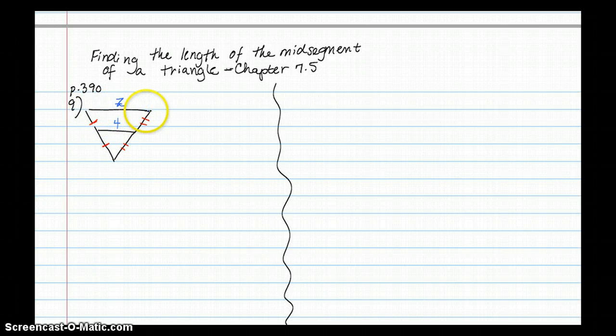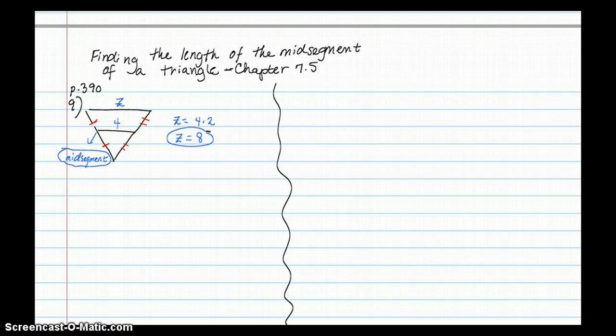That's not what it's asking for. You know that this segment here at the bottom and this segment here are parallel. But you also know that this midsegment, that's what this is right here, so that 4 is a midsegment. You know that the midsegment is half of the third side of the triangle. And so 4z would equal 4 times 2 to get back to what the actual third side of the triangle is, which is 8.